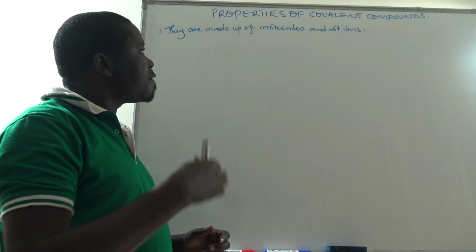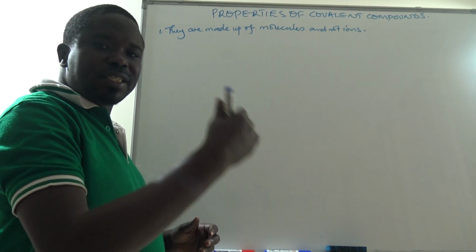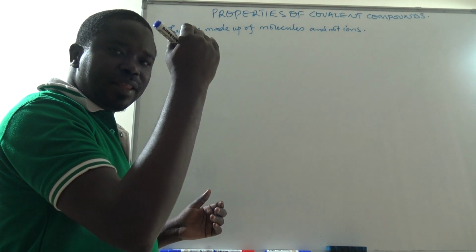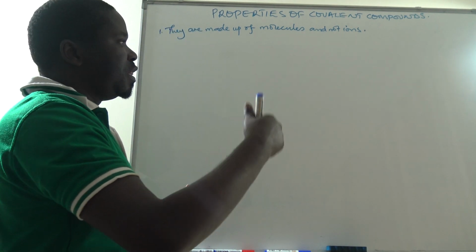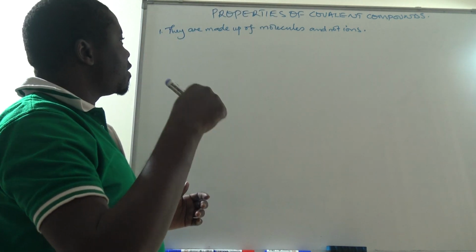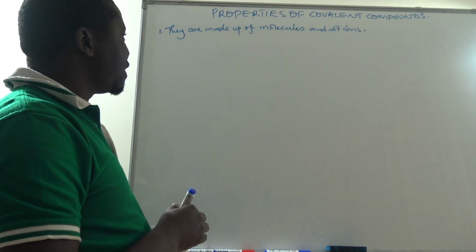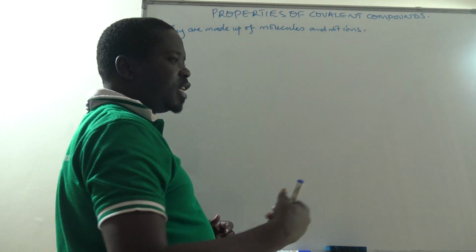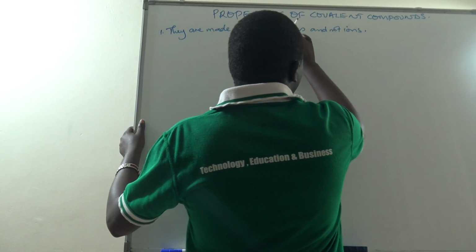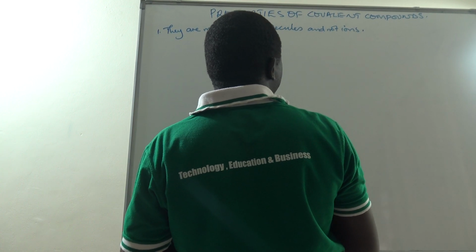So there is nothing like formation of ions first, whose electrostatic forces or charges lead to attraction between those ions formed. That is in ionic bonding, but with covalent bonding, there is nothing like formation of ions. Instead, we have the sharing of the electrons, and then it leads to the formation of molecules. So covalent compounds are made up of molecules and not ions.